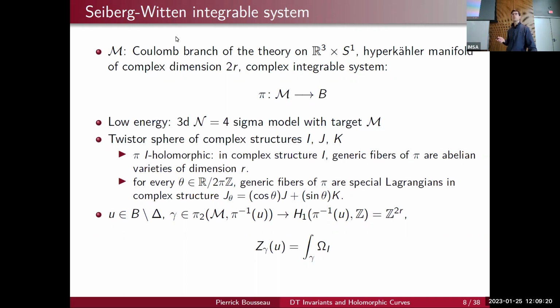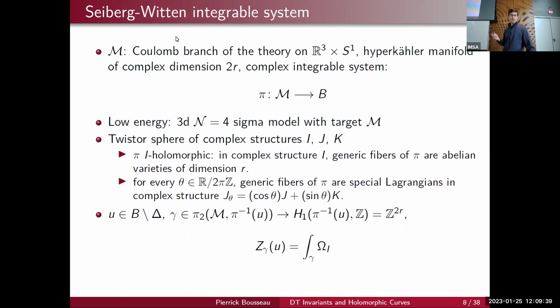Okay, so the general picture is that you have some kind of torus fibration. In complex structure I, it's a holomorphic fibration, but for any theta, it is actually special Lagrangian with respect to the Kähler structure in complex structure J theta.